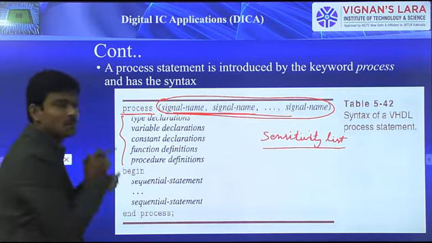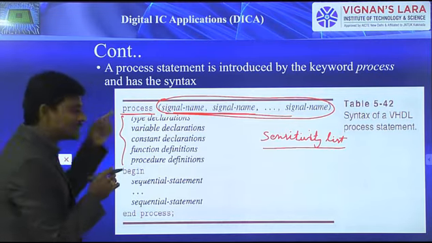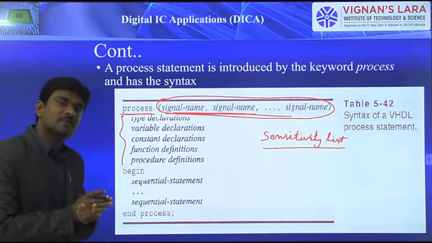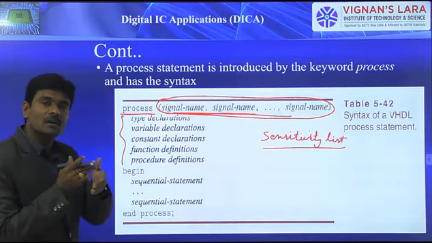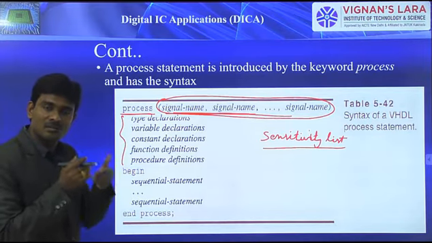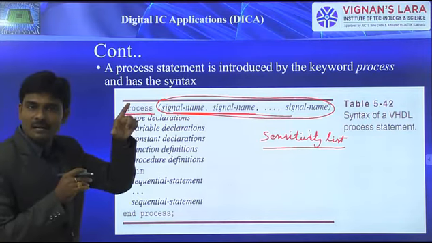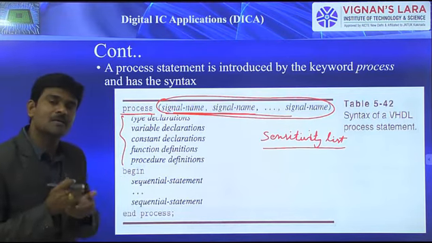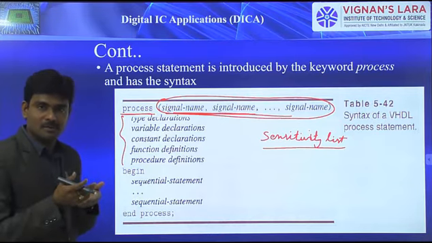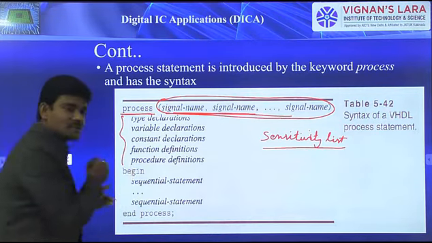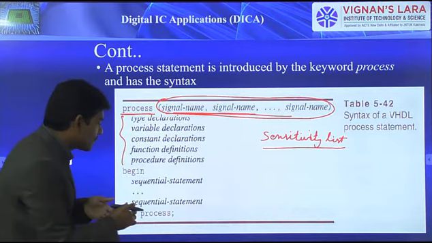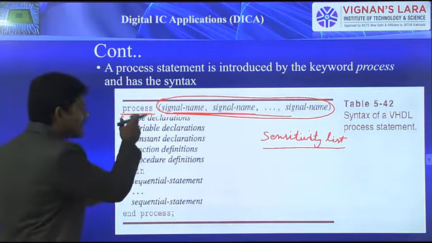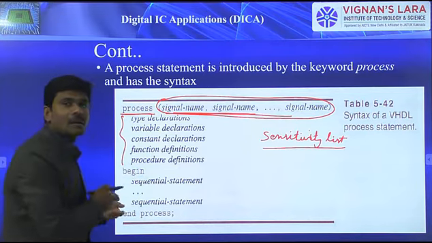But coming to this particular process, it is a concurrent statement we are placing within the architecture body. Because of that, whatever previous declarations and definitions we made within the architecture definition, we can use within this particular process. But in addition to that, if any other types, constants, functions and procedures required to execute these statements are necessary, those must be defined once again within this particular process.